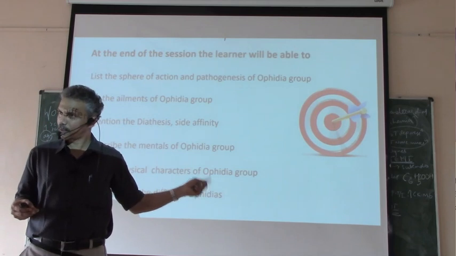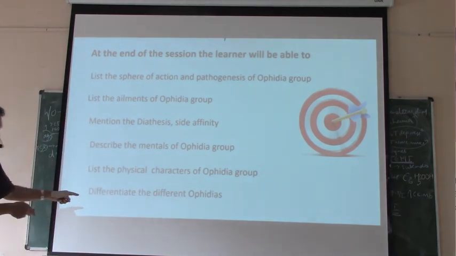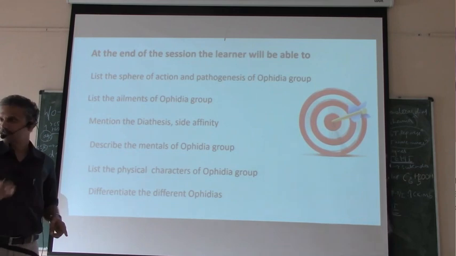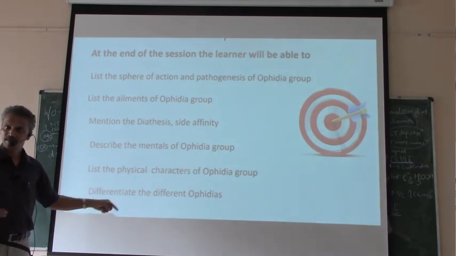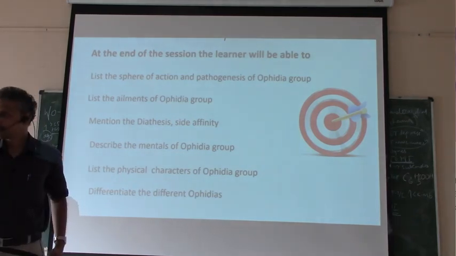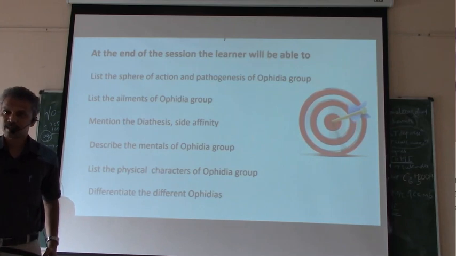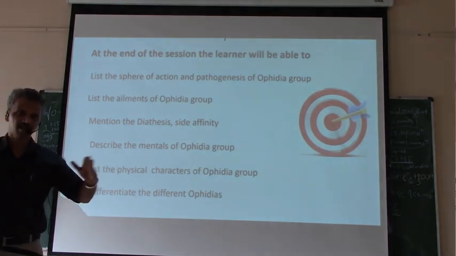We'll be looking into that particular area, and very important, in many of my group character lectures I have been focusing on this area. Okay, how you differentiate different Ophidias. Now this is a very important area, and we will look at that area, as and how the class progresses.